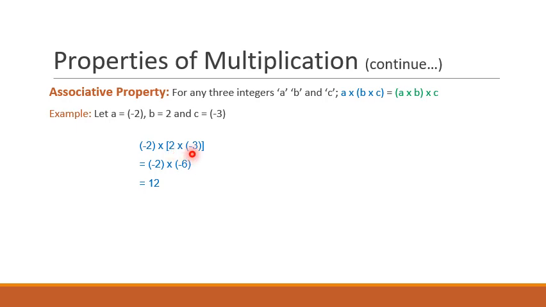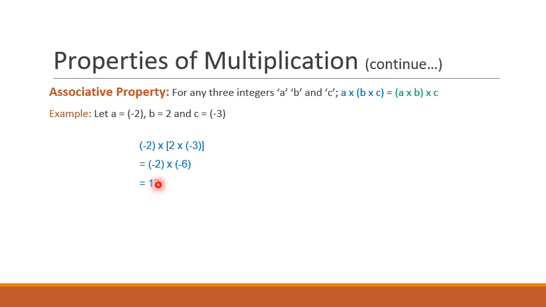So 2 multiplied by -3 will give me -6. Now -2 multiplied by -6. Since both the integers are negative, the answer is positive, because we have just seen if both the integers have the same sign, the answer is always positive. So here my answer is +12.